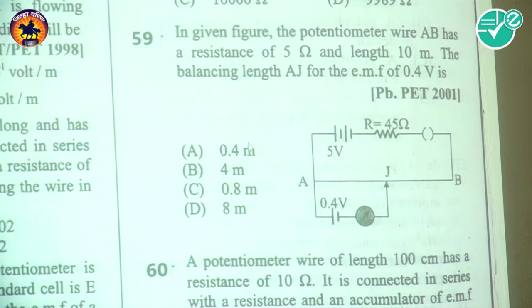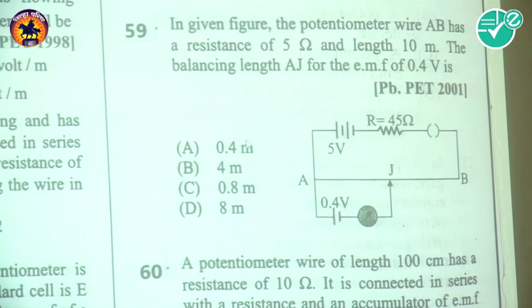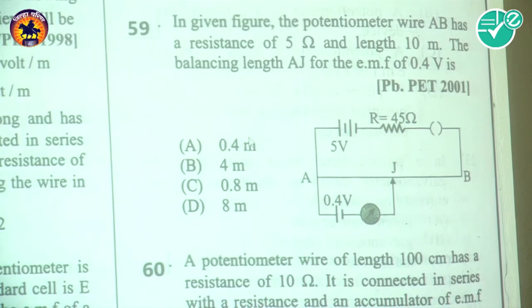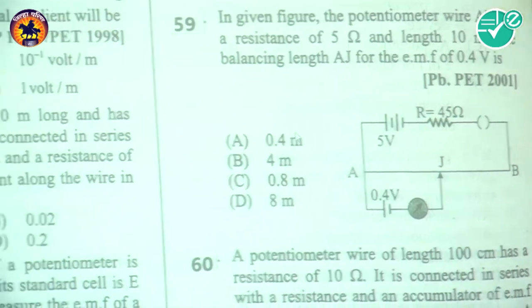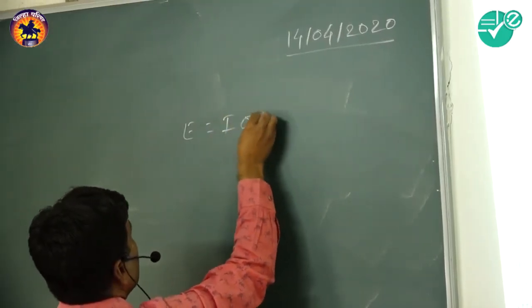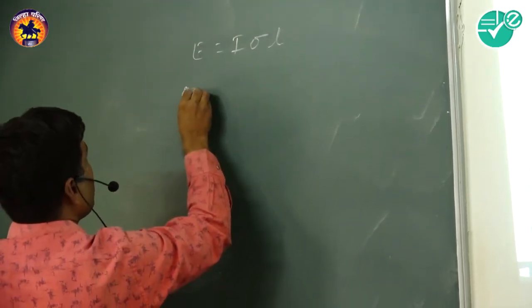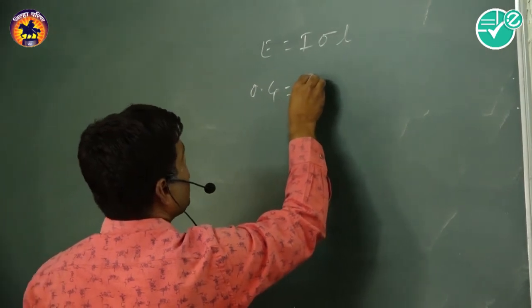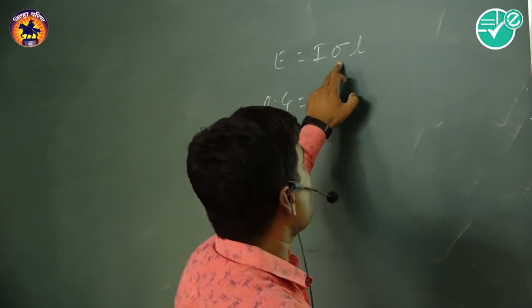So to find the balancing length, first of all we know the formula: E, the EMF of any cell, is equal to I sigma into L. So E is given, E is equal to 0.4 volt. I we don't know. Sigma means resistance per unit length.